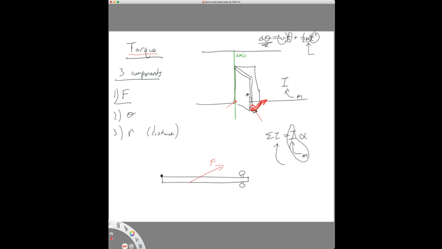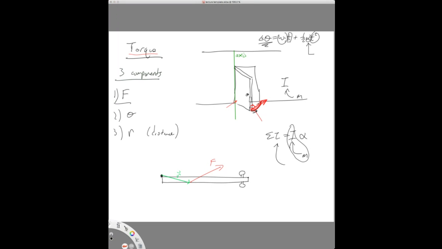The optimum place would be close to the door handle, and the optimum angle would be a right angle. But suppose we don't do that. We then have a vector R that defines the distance from the pivoting axis to the place where I apply the force.